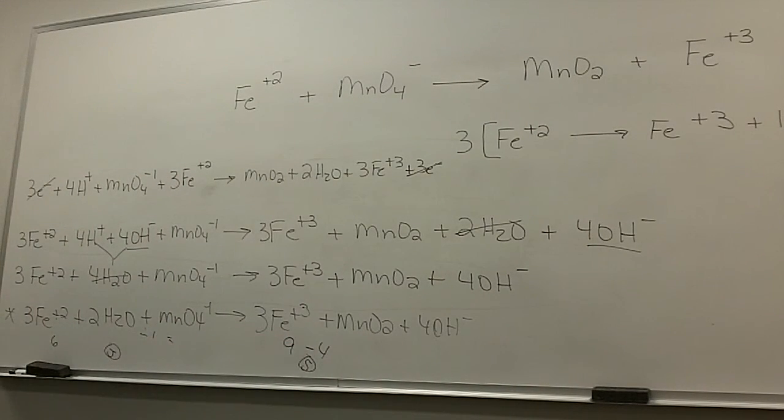I'm confused as to why, if there are electrons, it is positive? Because you've got 3 times +2, that's the charge.